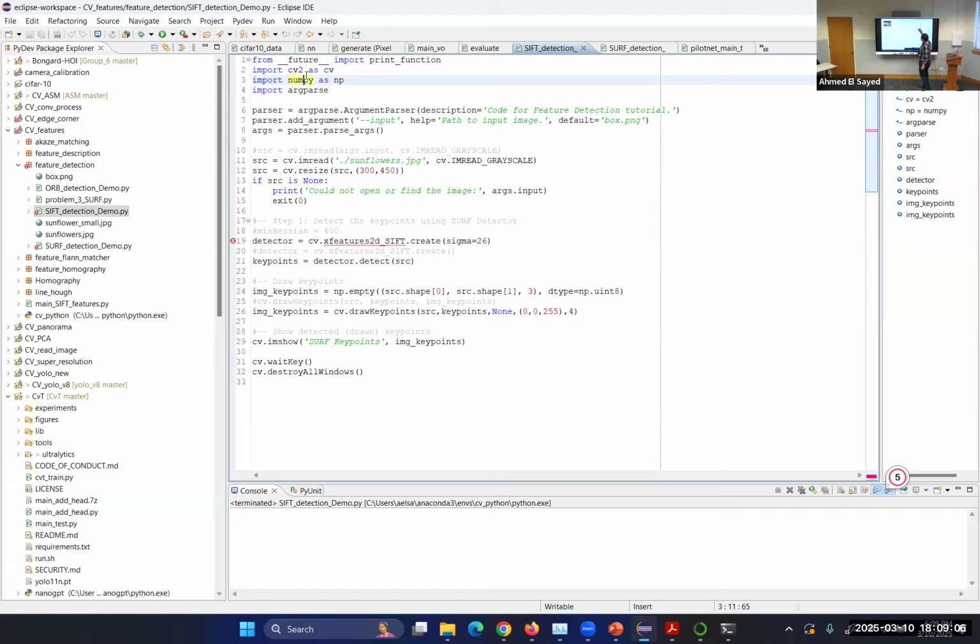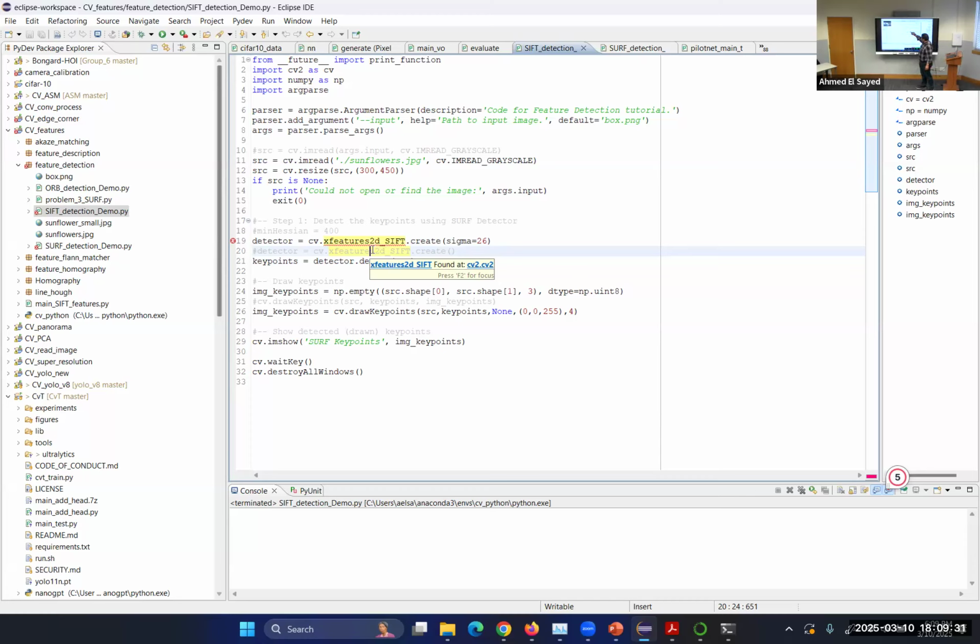Then you can resize if you would like. This is not a mandatory part. Then we can create a SIFT detector using cv.xfeatures2d_SIFT.create.